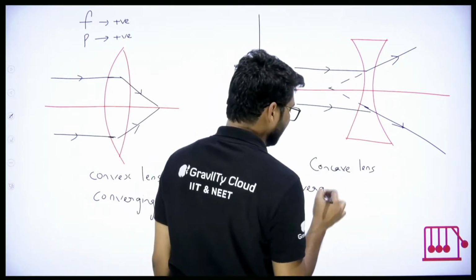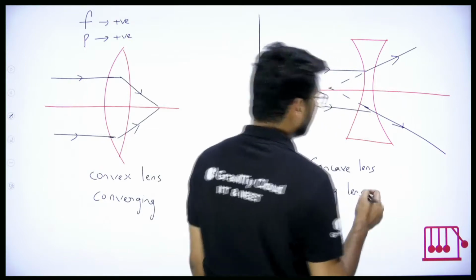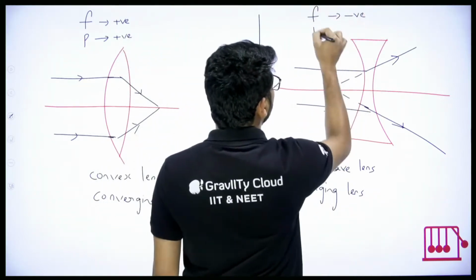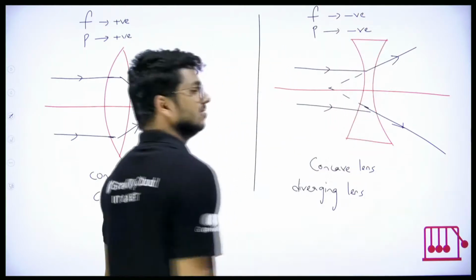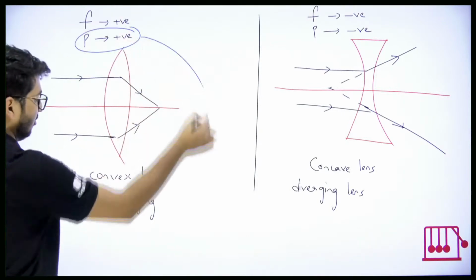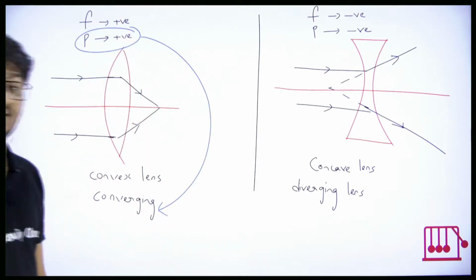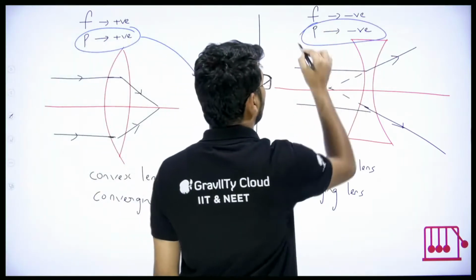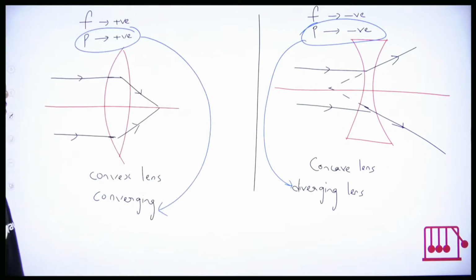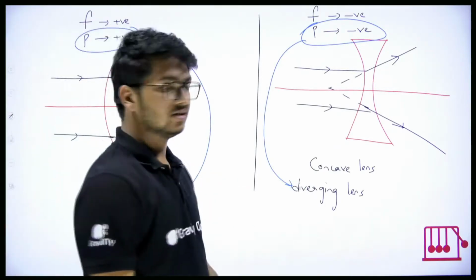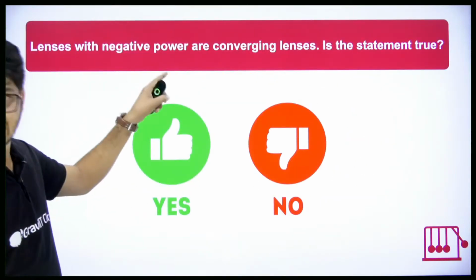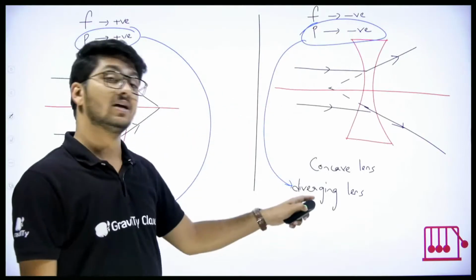The focal length is negative and the power will be negative. So what it means is, whenever we have positive power, it means a converging lens, and whenever we have negative power, it means a diverging lens.